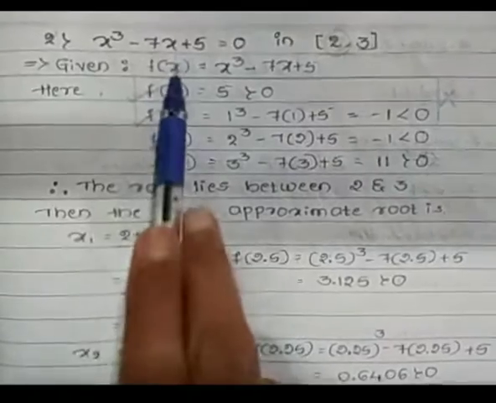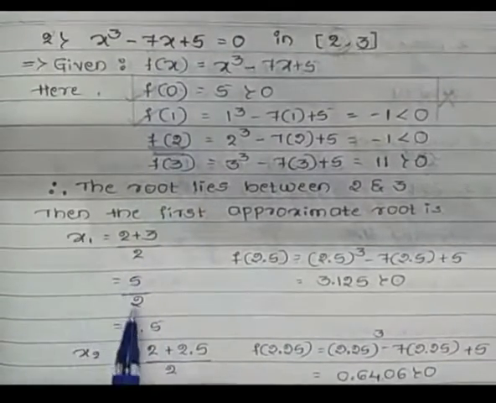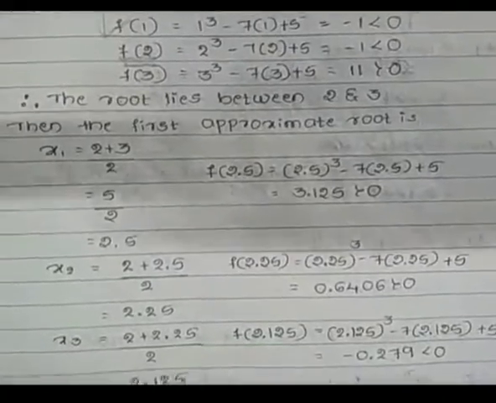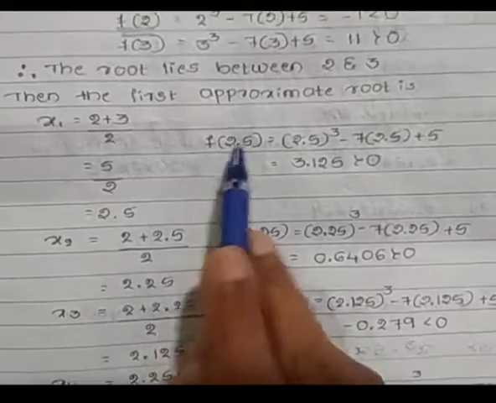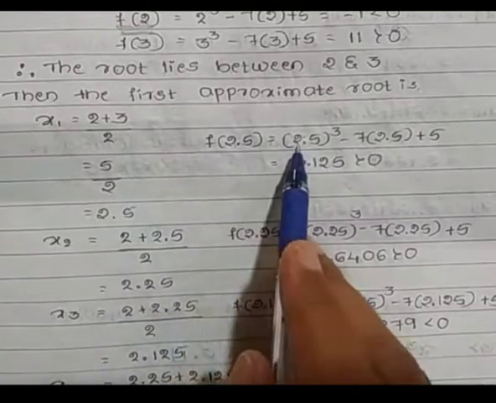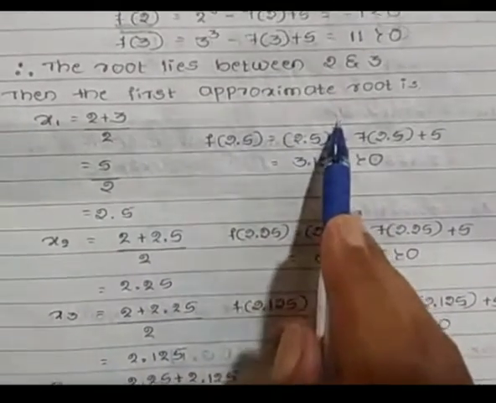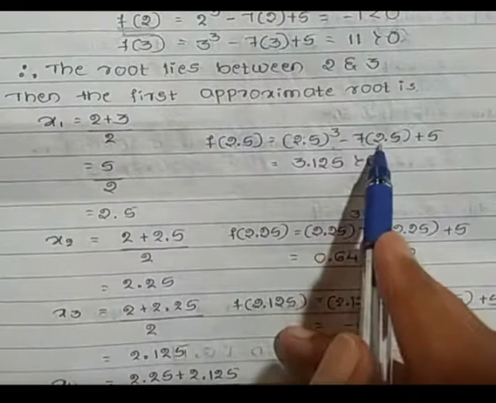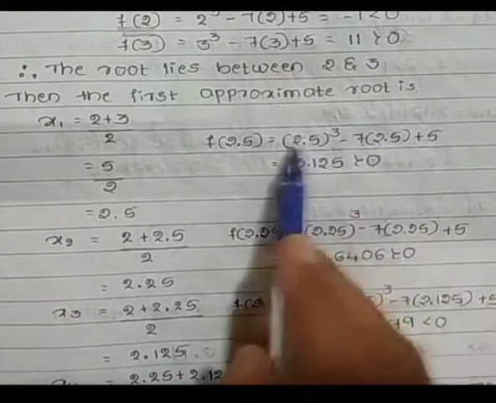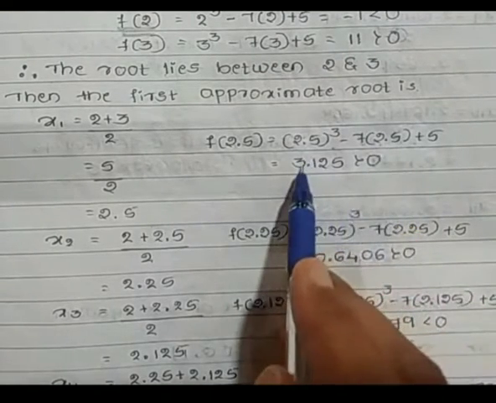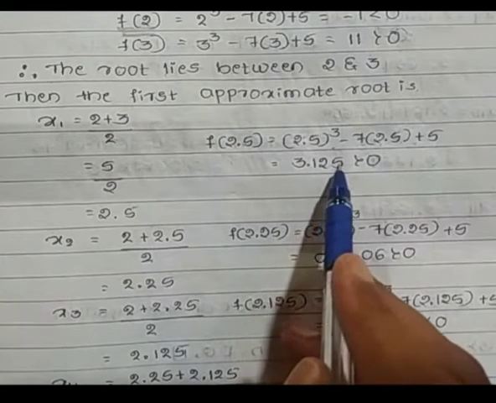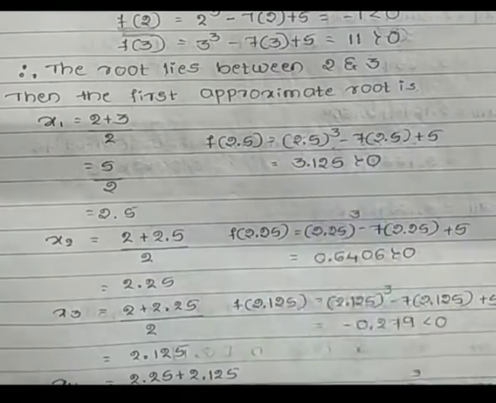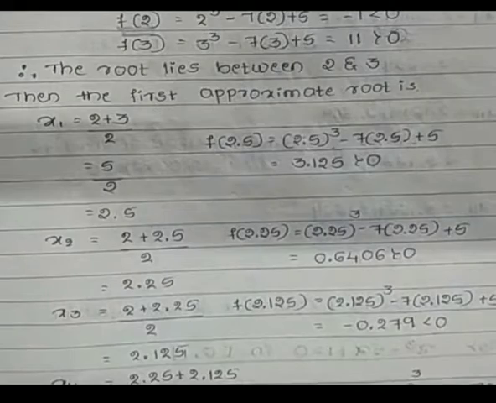Now replace x and substitute this 2.5. So when we replace x value as 2.5, then f of 2.5 is equal to 2.5 raised to 3 minus 7 into 2.5 plus 5. After simplification, we'll get 3.125, which is greater than 0. So let me solve and show it.